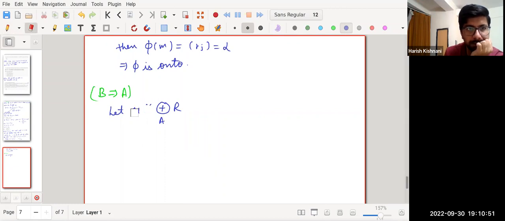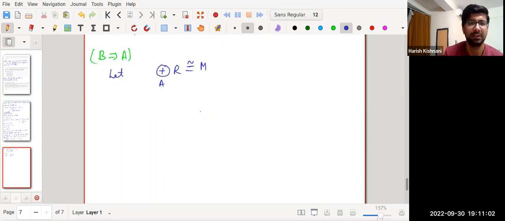And just for the sake of writing it in a better way, let me write it like this. This is also the same, right? I just want to give the isomorphism from R to this, not the automorphism, it should be isomorphism, by the isomorphism phi.